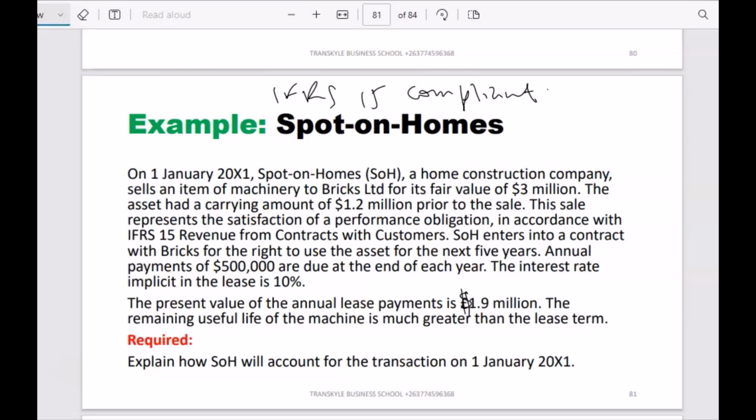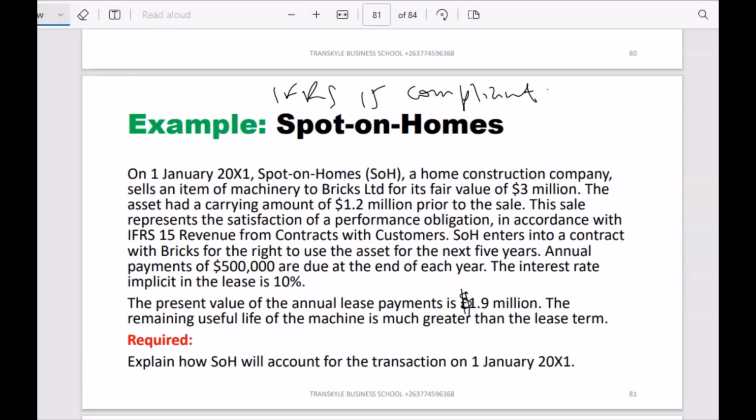So how is this right-of-use asset going to be measured? It is going to be measured as the proportion of the previous carrying amount that relates to the rights which are retained.